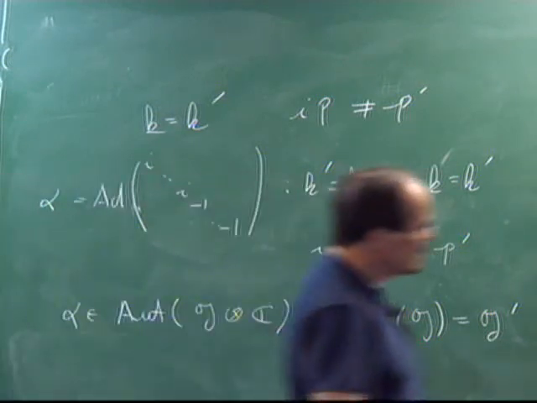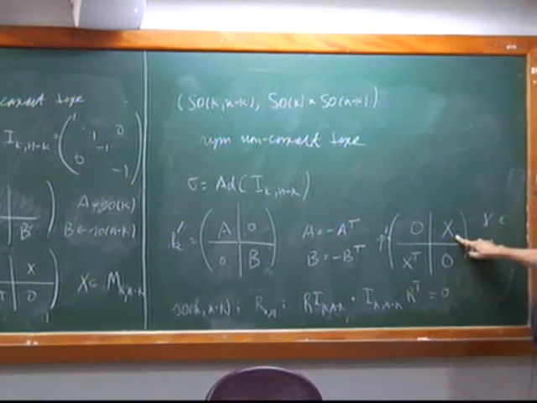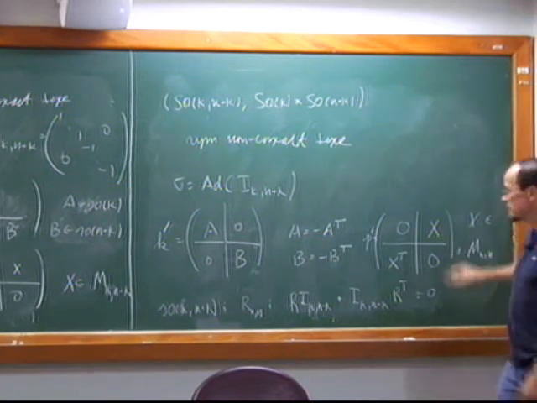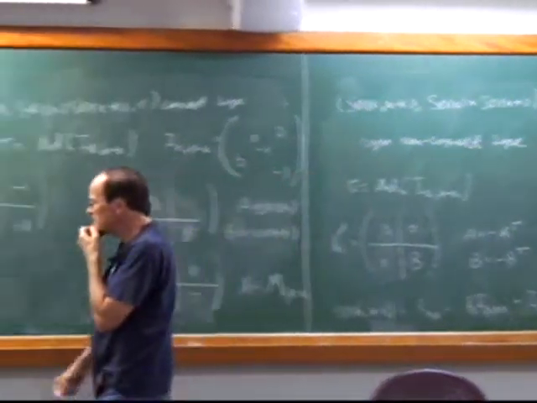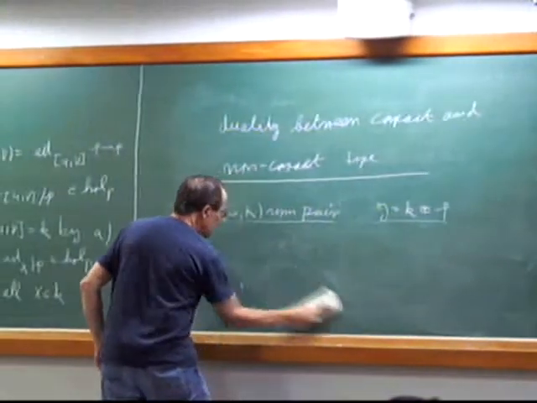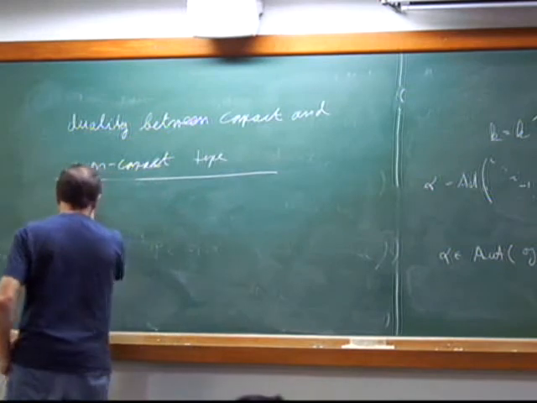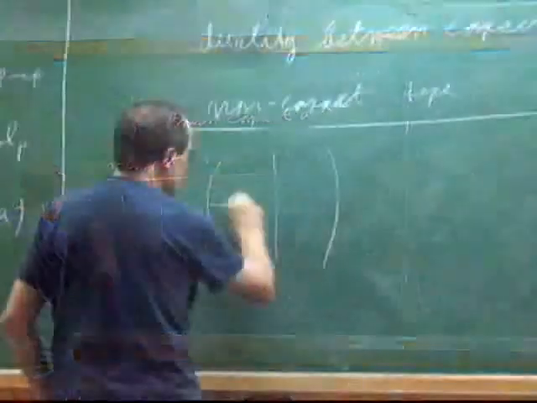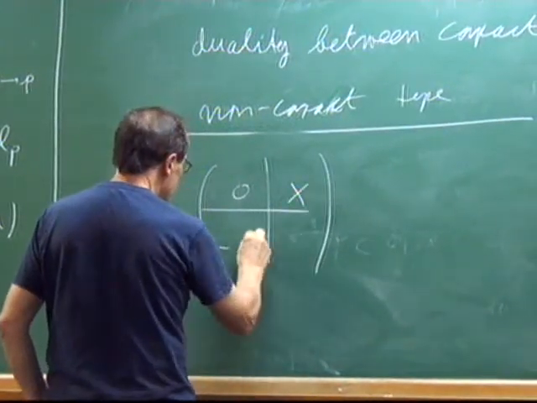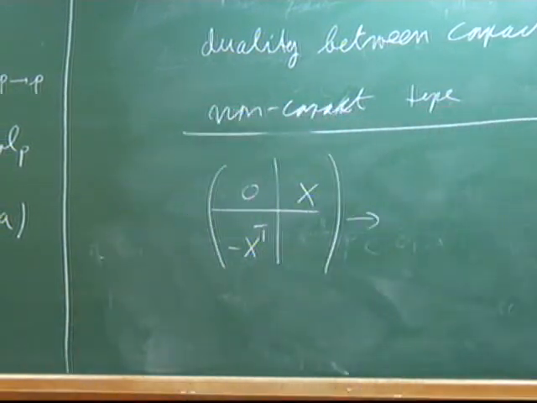So they are dual to each other up to an automorphism. So to take this to this, I certainly can't do it with multiplication by I, but I claim up to an automorphism I can do it. So let's check this. So what happens if I take such a matrix, 0, X, minus X transpose, and I conjugate with such a matrix.